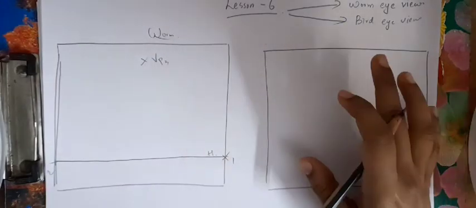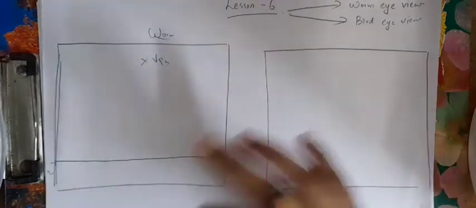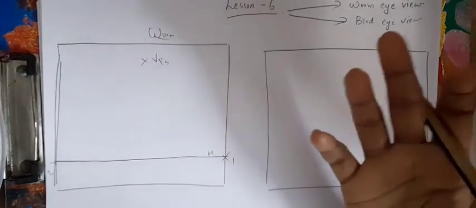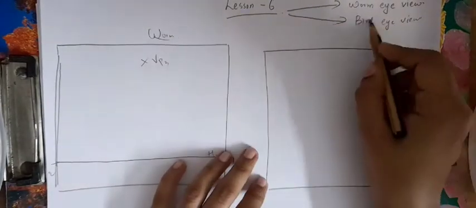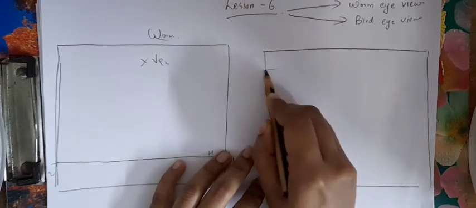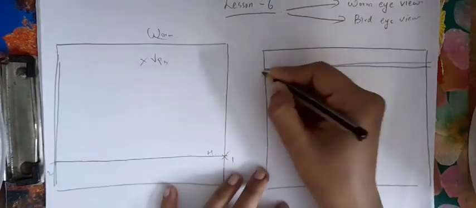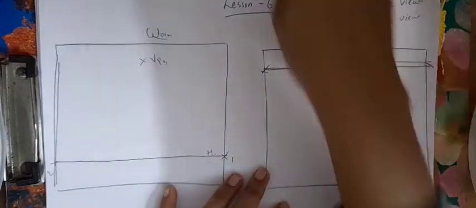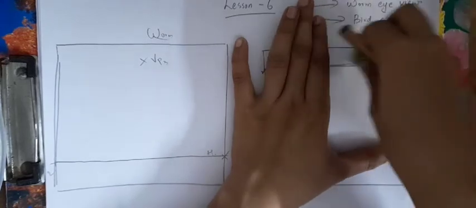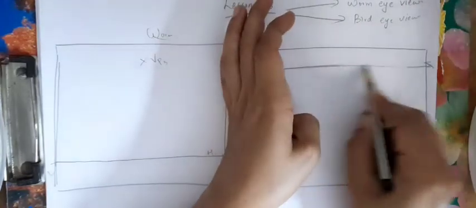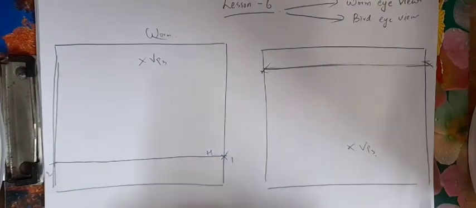And for a bird, it sees more ground than sky. So the bird's horizon will be here and it sees a larger portion of land. This is the big difference between the two perspectives.